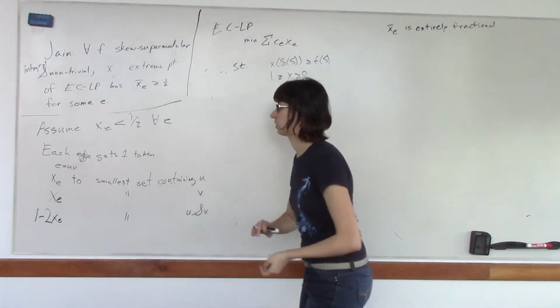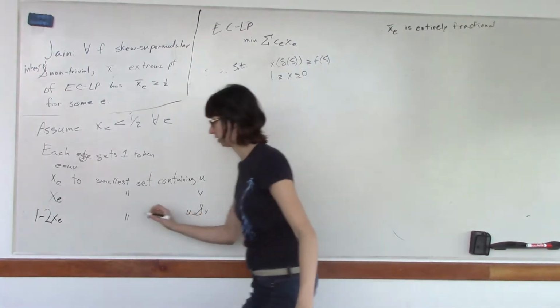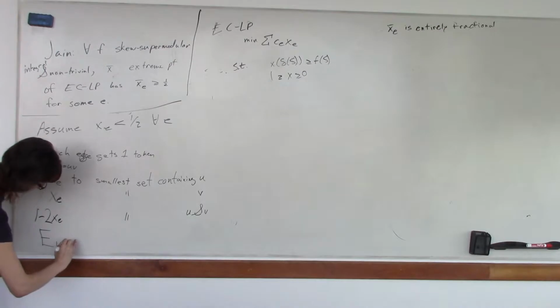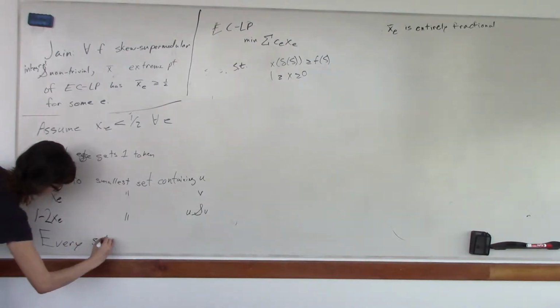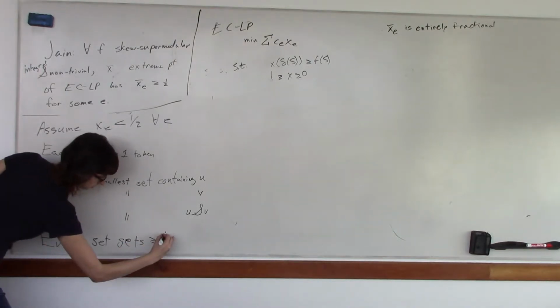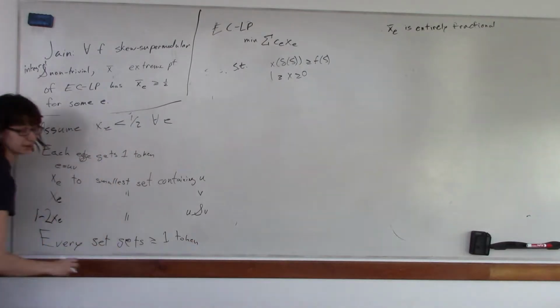But that's okay, because all I want to show is that given this, every set gets 1 token. And not only that, but I have leftover.